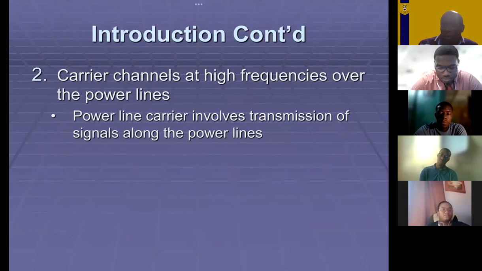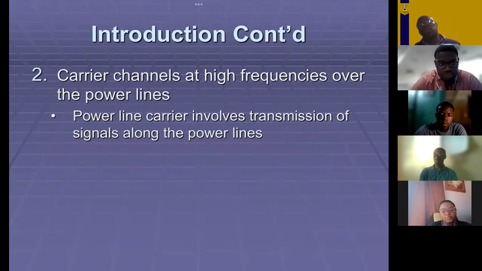As the name suggests, the signal is superimposed on the power line. But of course, I hope you would appreciate the challenge that this creates. Because remember, let us say we're doing a distance scheme. In using the distance scheme, what are we protecting? Protecting feeders.